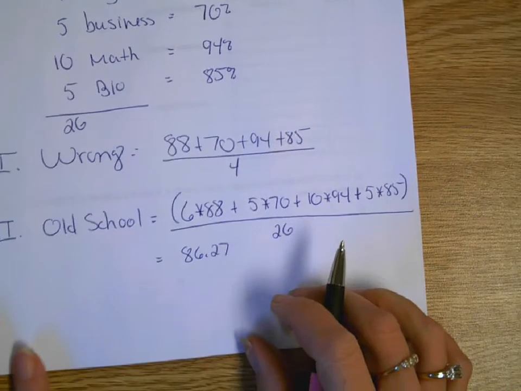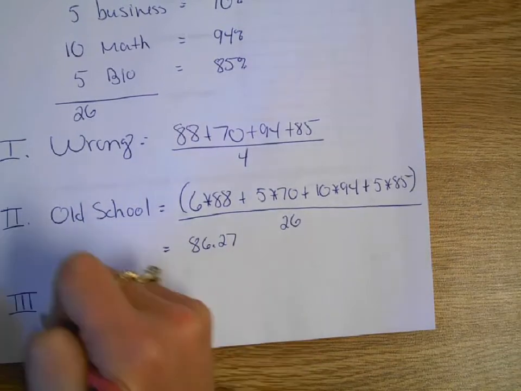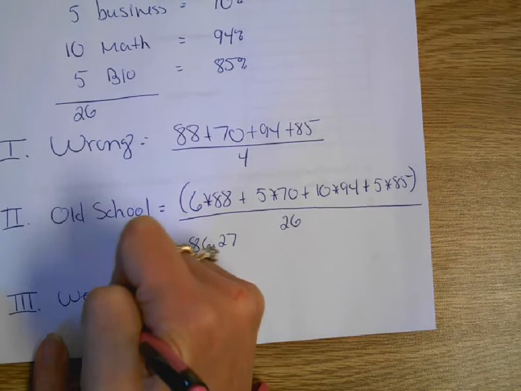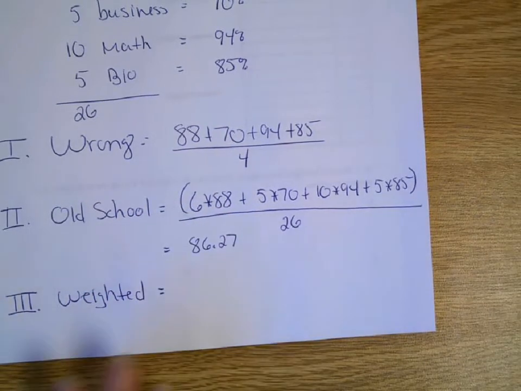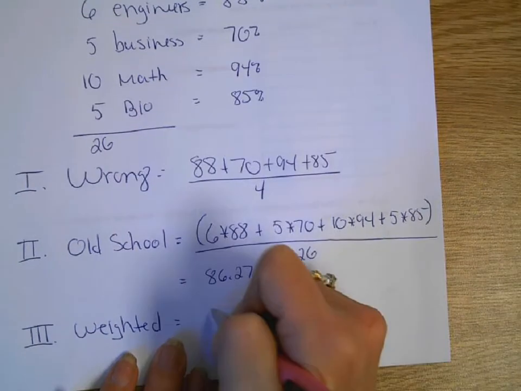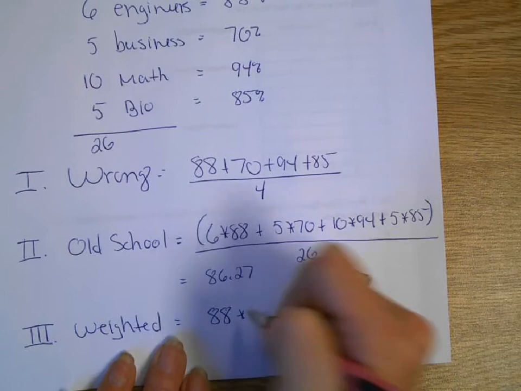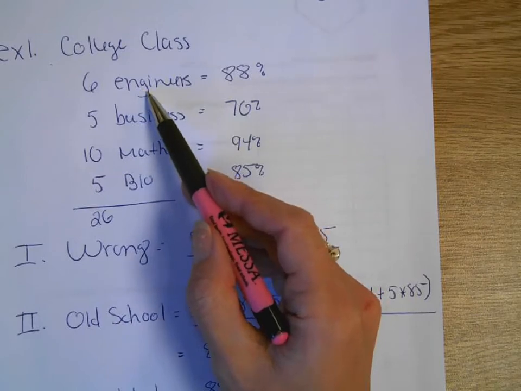Now we can also do it with the weighted mean. So old school works and weighted mean works. Weighted is our category average. So if we look at those engineers, their average was 88. And I told you to think of the weight as either a fraction or a percent. Well, what fraction or percent of the class are the engineers?